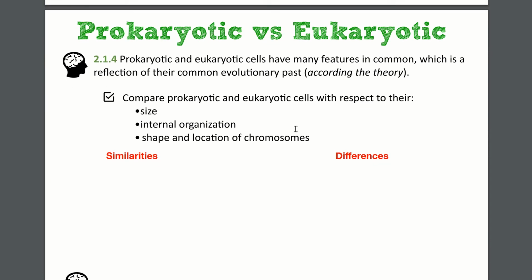So prokaryotic and eukaryotic, what are the differences? The tip says to compare prokaryotic and eukaryotic cells with respect to their size, internal organization, shape, and location of chromosomes. We're going to say that eukaryotes are a lot larger in size, and internal organization-wise, eukaryotes have membrane-bound organelles.